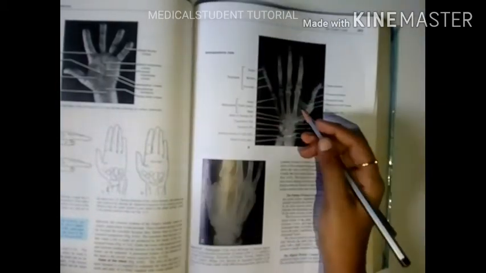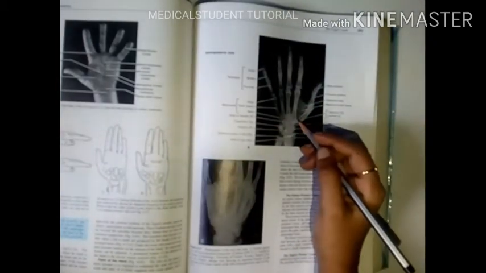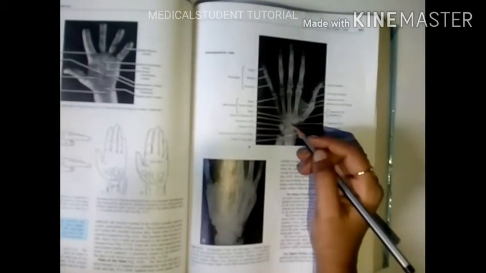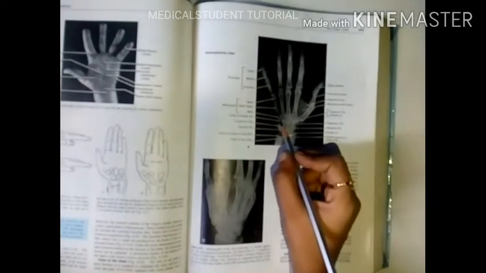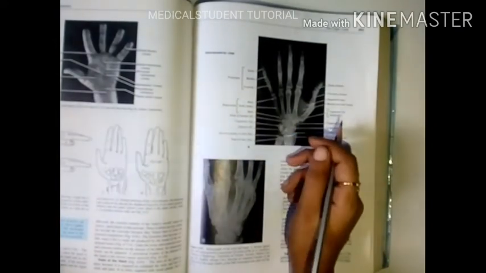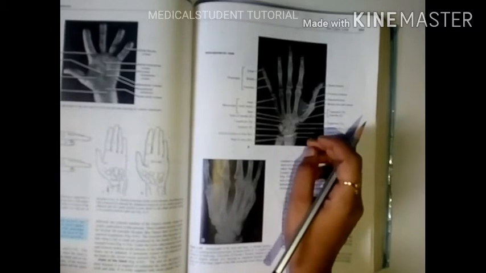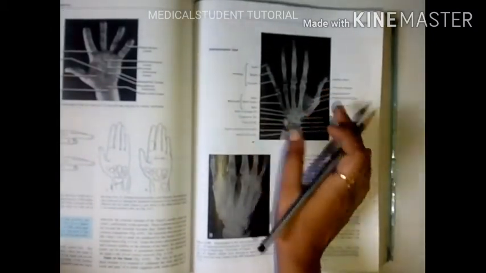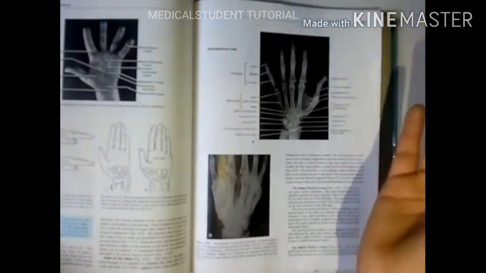This is the dorsal surface. Next, the base is irregular. The bases of the metacarpal bones are irregular in shape. These are the specifications of the metacarpal bones. These are attached to the phalanges.